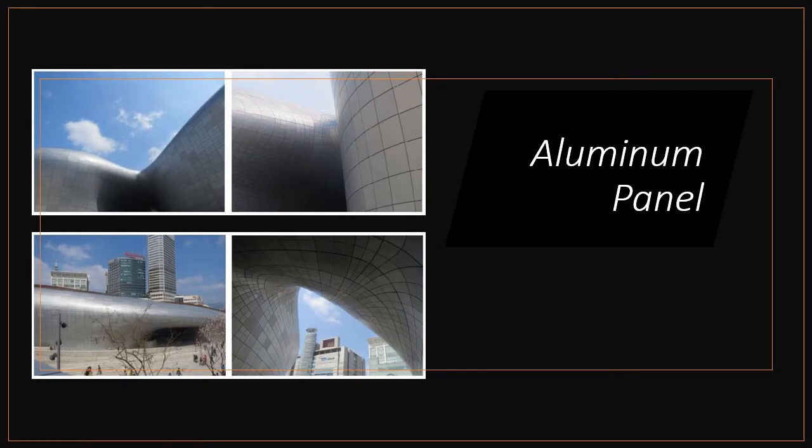Through computer simulation tasks, the optimal number and size of panels are calculated considering constructability and economic feasibility. As a result, the appropriate number of panels covering DDP was 45,133.